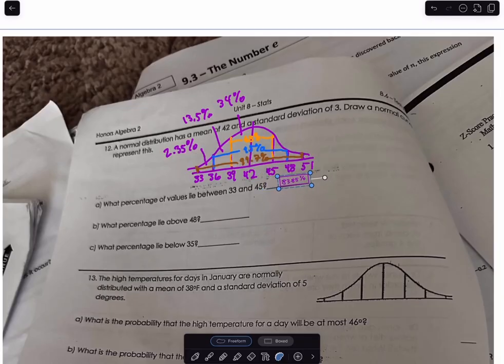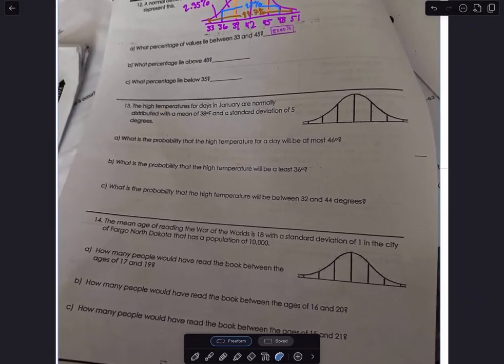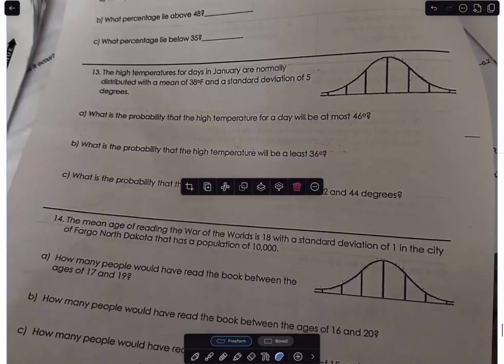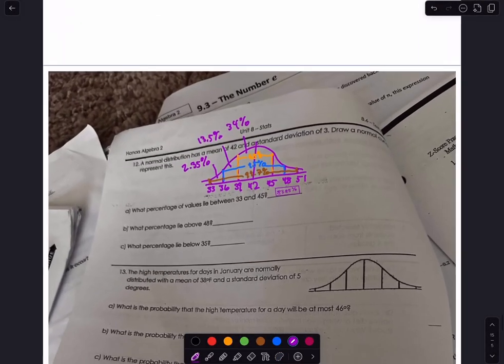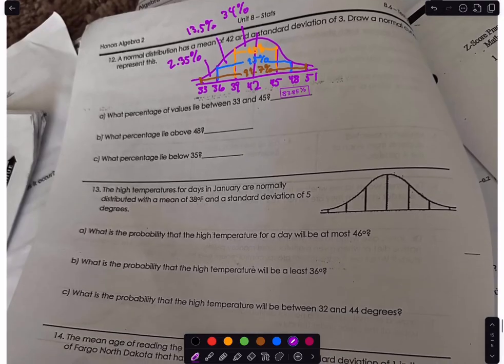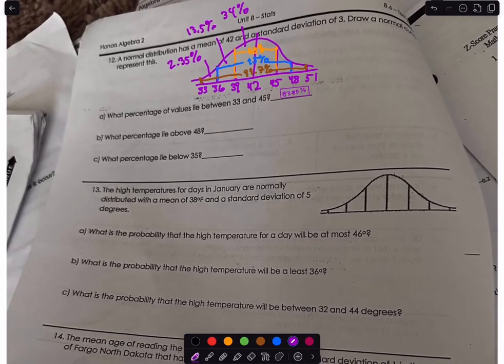Hopefully that's not too small. So we got 83.85% there.